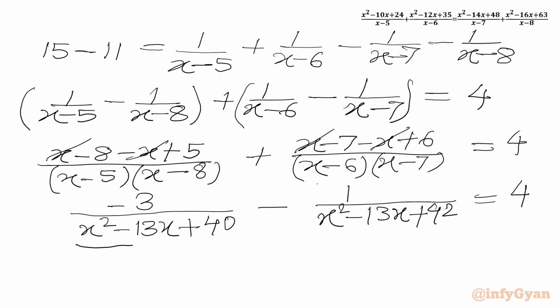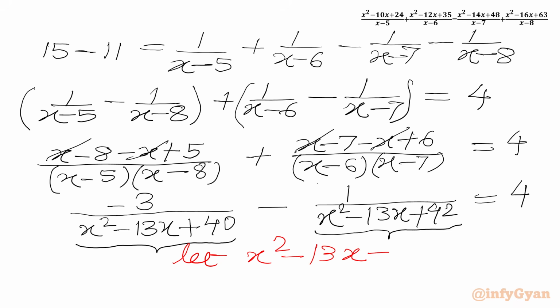Now here we have x square minus 13x plus 40 and here x square minus 13x plus 42. So let us assume the average equal to substitution. We will write here x square minus 13x plus 41. Suppose this is equal to u.